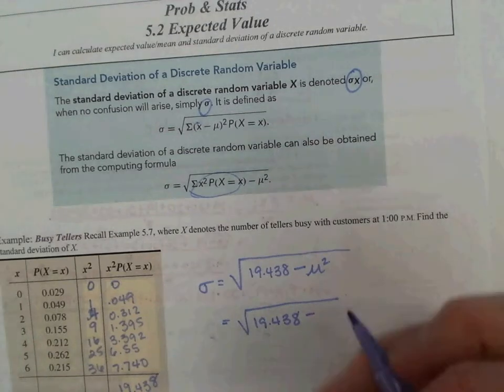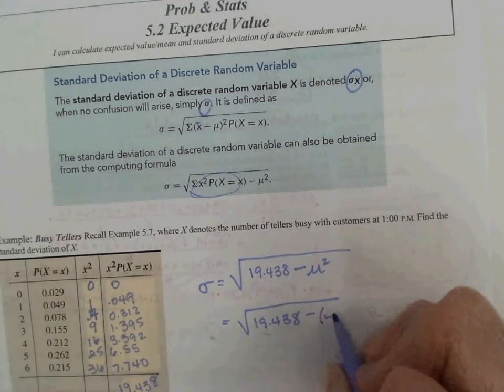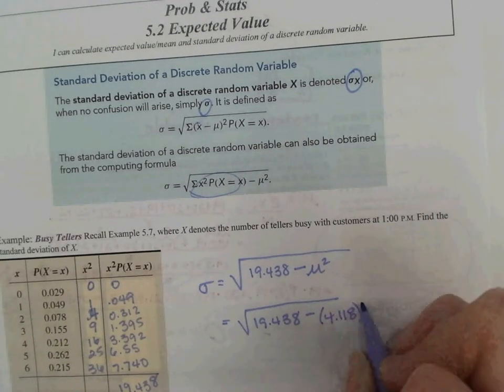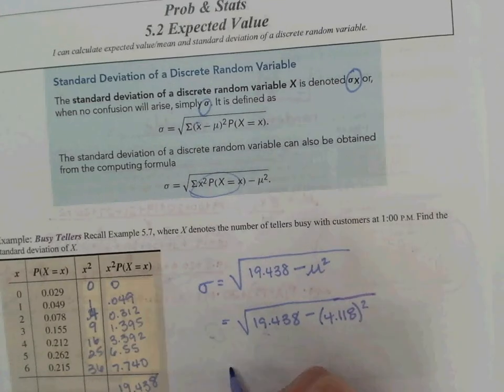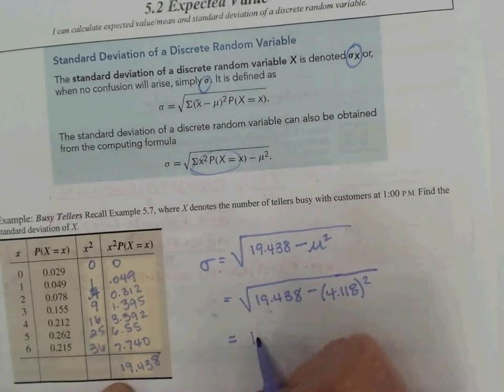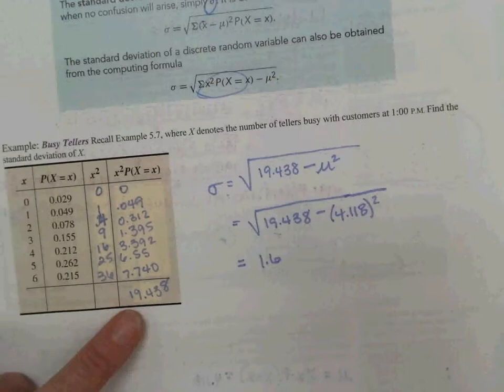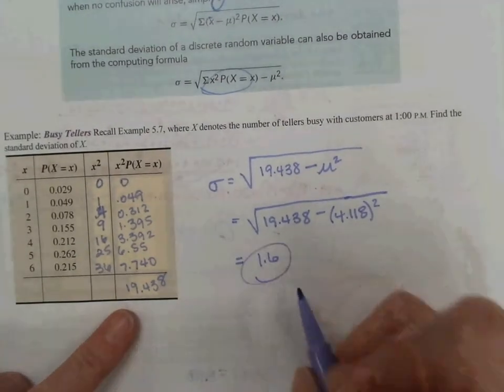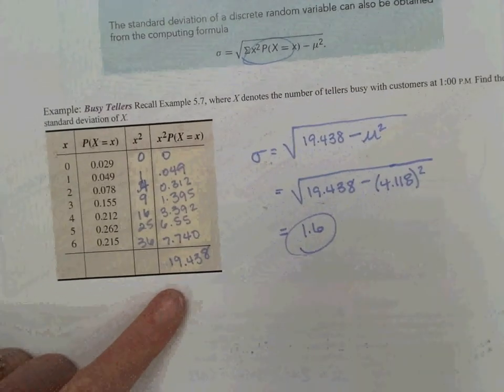We actually calculated mu in the previous problem, right? So we know that that's 4.118. So our final answer here is 1.6.